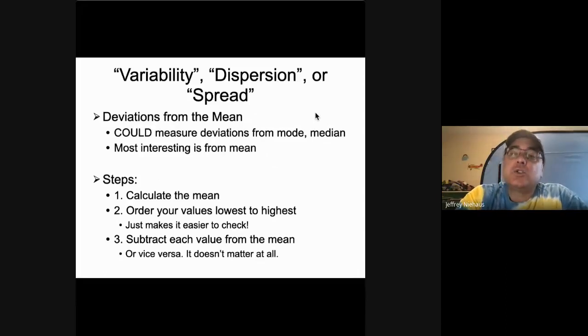Okay, so what we're going to do with this is try to get some sort of agreed upon expression of how much a number, or value, typically wanders off from the measure of central tendency that we've expressed for that data set, or some sort of benchmark for that data set. Now, we're going to go ahead and use the mean.